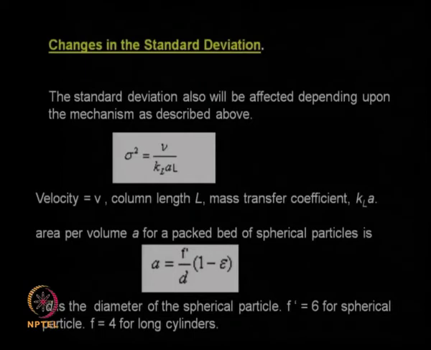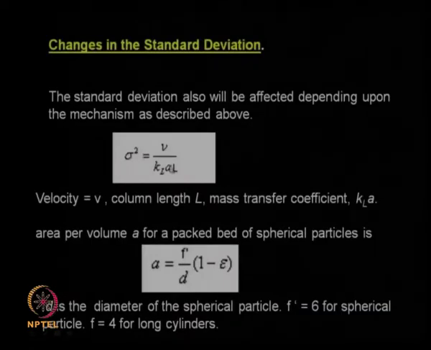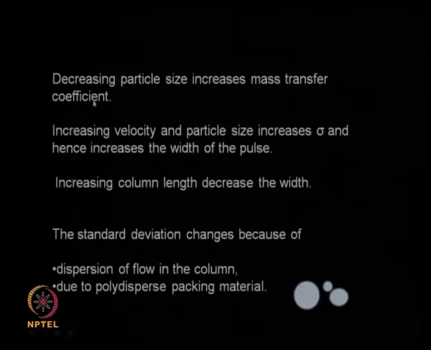In this particular situation it is the bulk liquid or the mobile phase liquid and the stationary phase solid. So if you are decreasing particle size, you are increasing the mass transfer coefficient, correct, because the D comes below. Decreasing particle size increases the mass transfer coefficient.